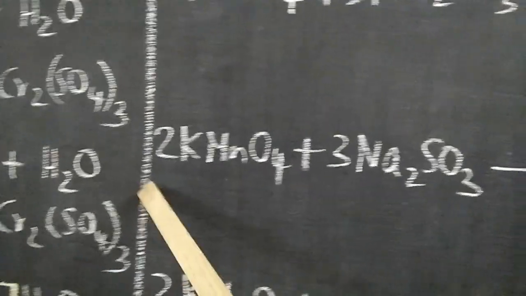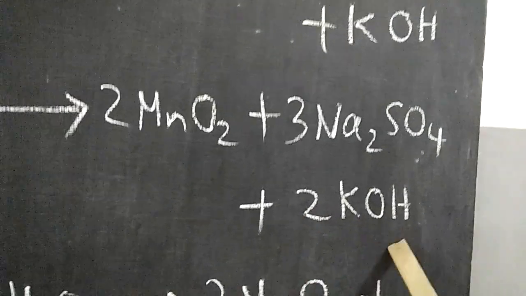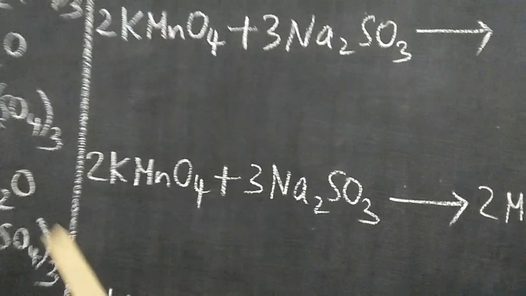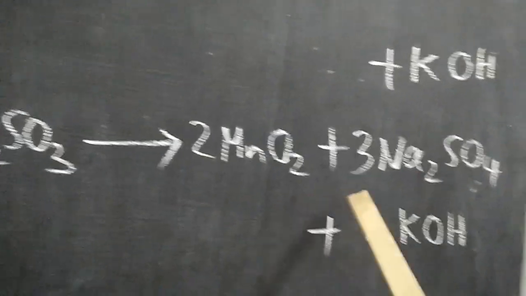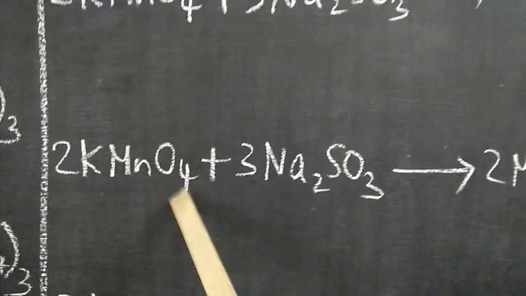Here 2K is there, I am balancing for potassium hydroxide, 2 KOH.